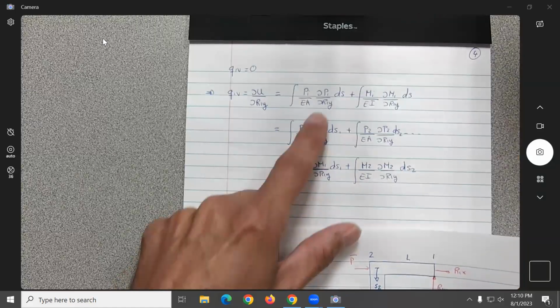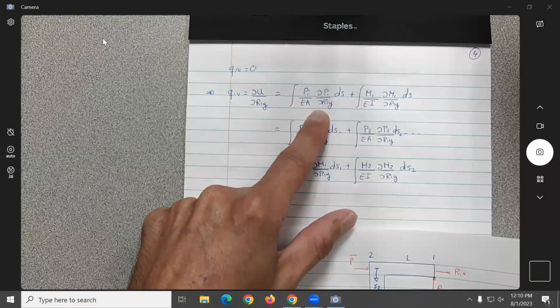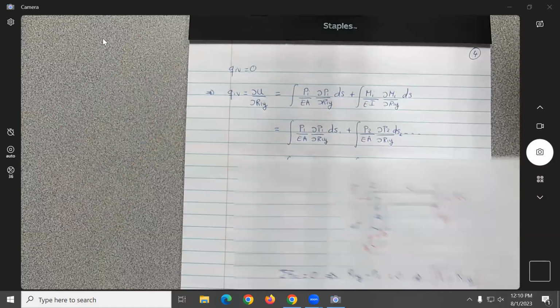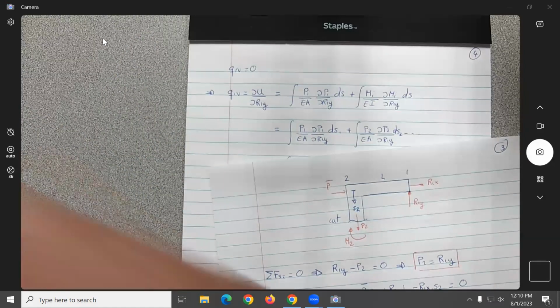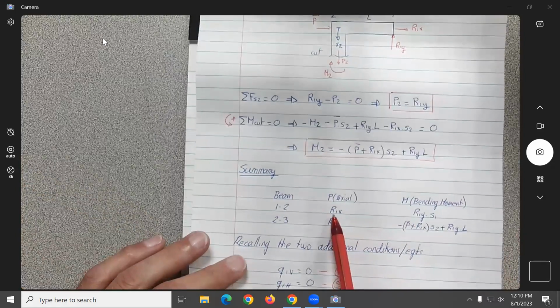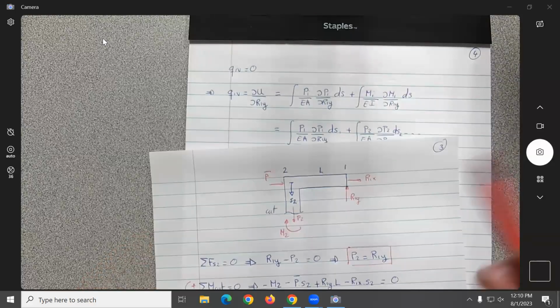So what would be the partial of P1 with respect to R1Y? P1 is R1X. If you differentiate R1X by R1Y, what do you get? 0.